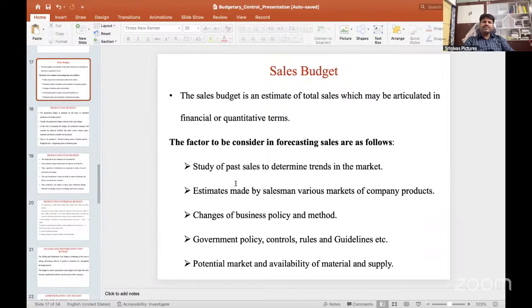A sales budget is nothing but an estimate of whatever future demand we have for sales, based on the past data.